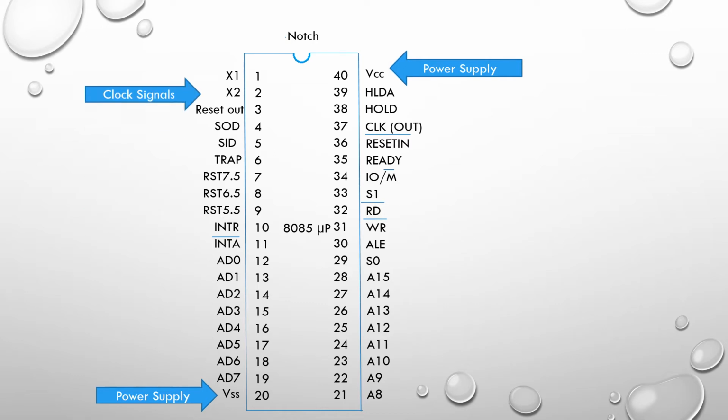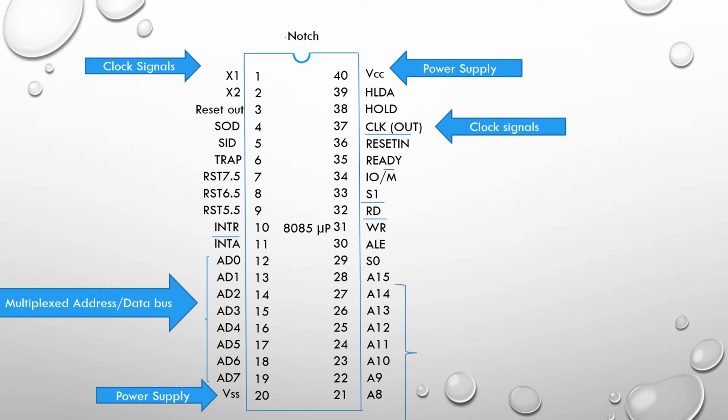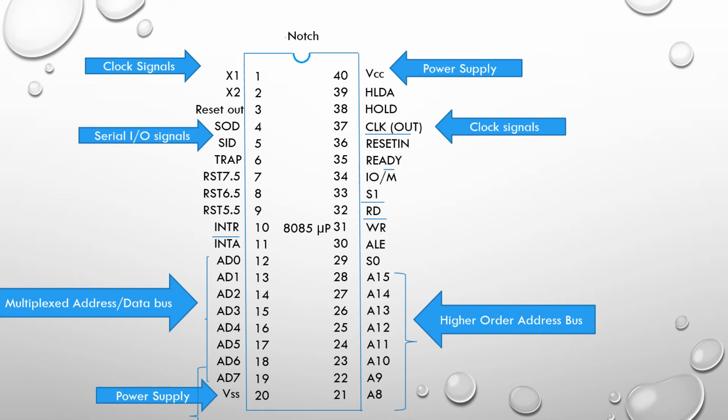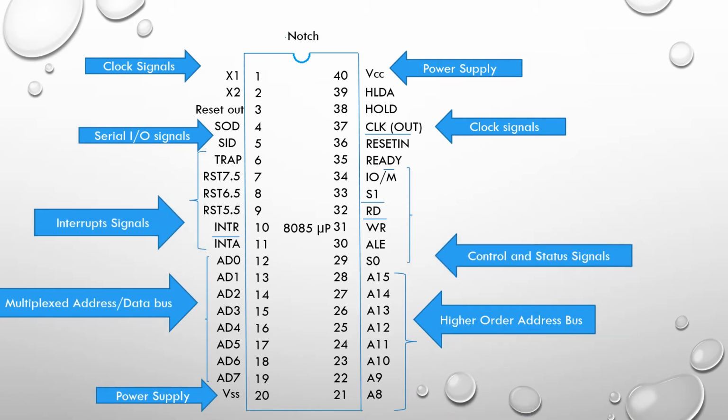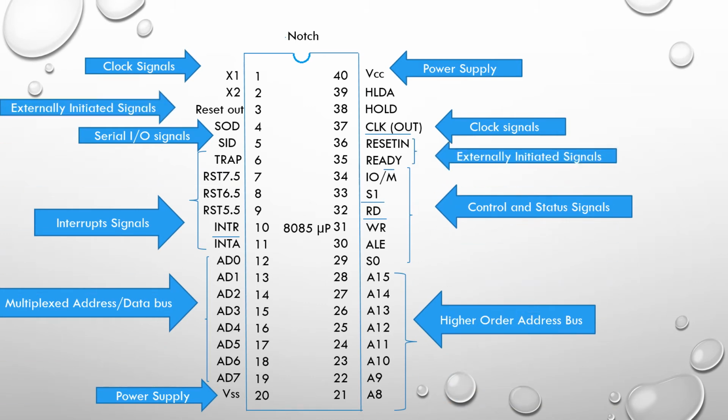Firstly, we have the power supply and clock signals. Secondly and thirdly, we have the multiplexed address and data bus. We have the higher order address bus, serial input output signals, interrupt signals, control and status signals, externally initiated signals, and lastly we have the DMA signals.